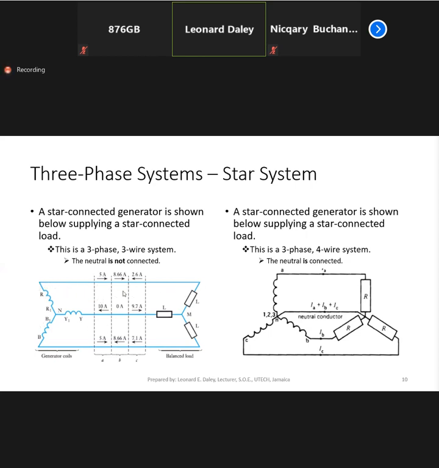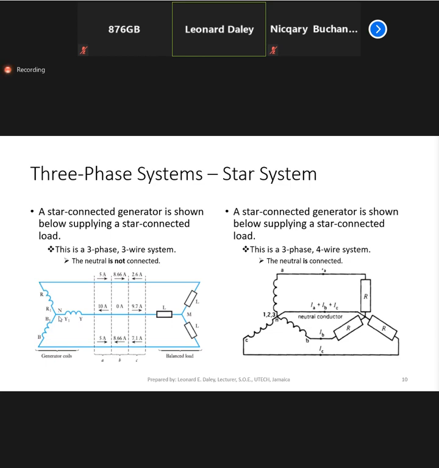Don't pay too much attention to the current right now, but what it is basically saying is that 5 amps is going to the load on the red phase, the red line, and also on the blue line. But notice now, 10 amps, the sum of those two 5s, is coming back to the source.